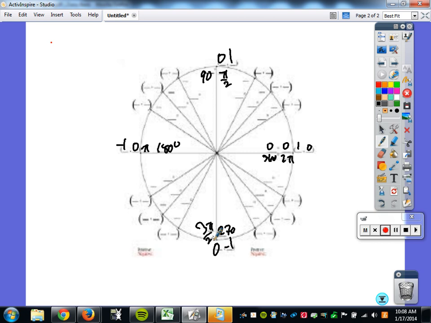If I cut 90 in half, where are we at? 45, and that just means we cut pi halves in half, which is half of pi half, or pi fourths. So we just do everything with pi fourths. Pi fourths is 45 degrees.